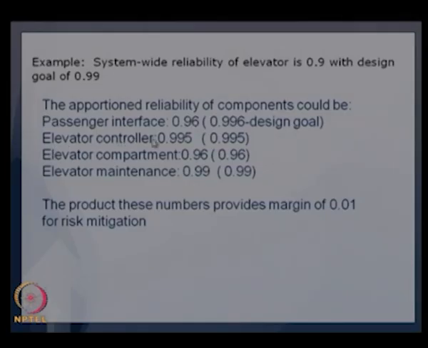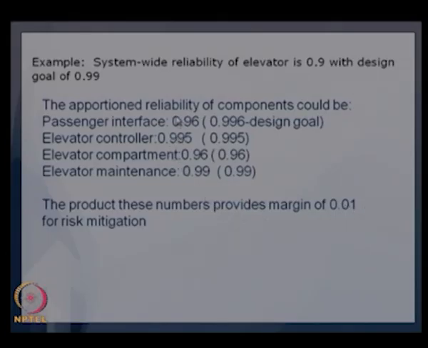Similarly, the elevator controller can have a reliability of 0.995 with a design goal of 0.995, the elevator compartment can have a reliability of 0.96 with a design goal of 0.96, and elevator maintenance can have 0.99 with 0.99 as the design goal. If you multiply all these reliabilities, you get 0.91. That means there is a risk mitigation value of 0.01 for later use.